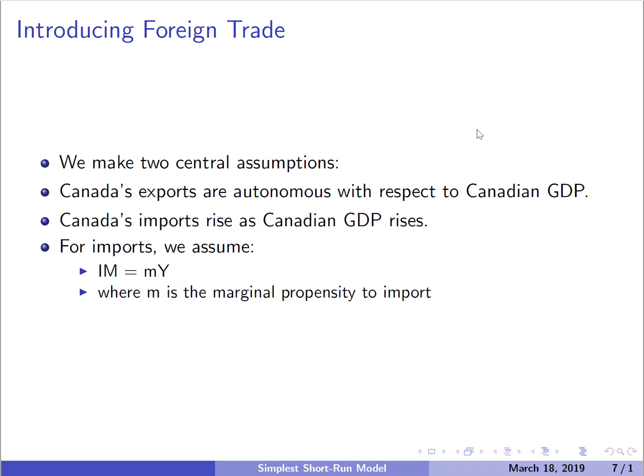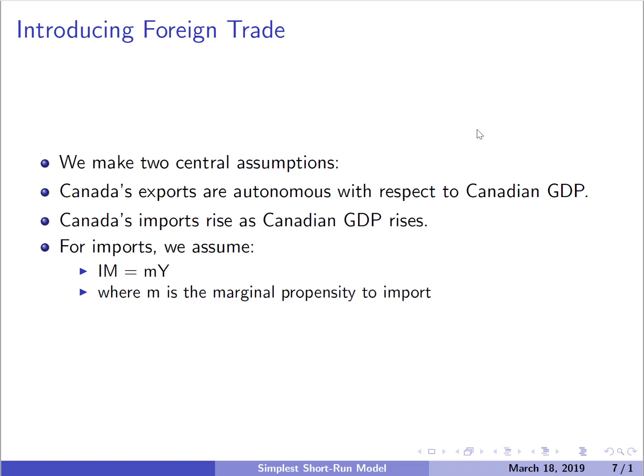For instance, if m equals, let's say, 0.1, which is what it's going to be when we look at a function in a slide or two, that means if Canadian GDP went up by $1, 10 cents of that dollar we're going to be spending to import goods. That's the idea behind this m.